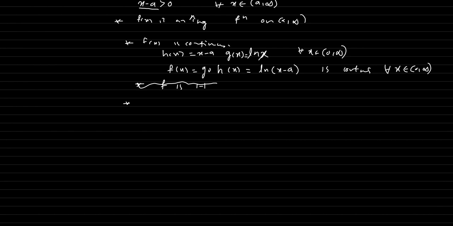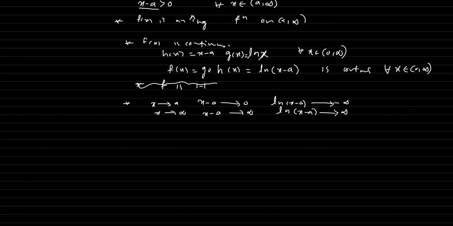Now, f is a continuous and increasing function, and as x tends to a, x minus a tends to 0. So, ln of x minus a tends to minus infinity. And as x tends to infinity, x minus a tends to infinity, and therefore the natural logarithm of x minus a tends to infinity.